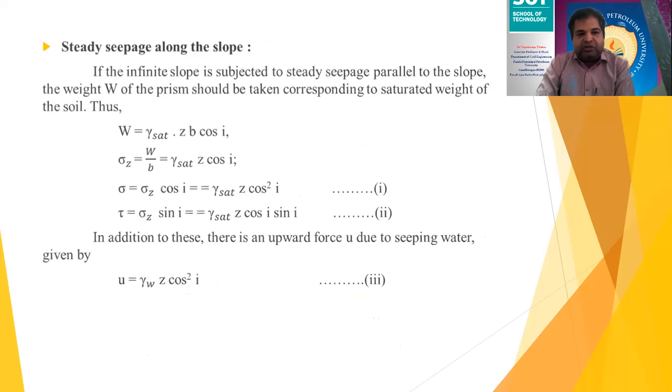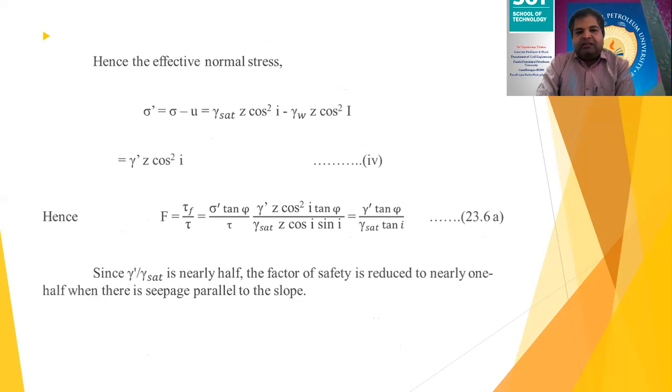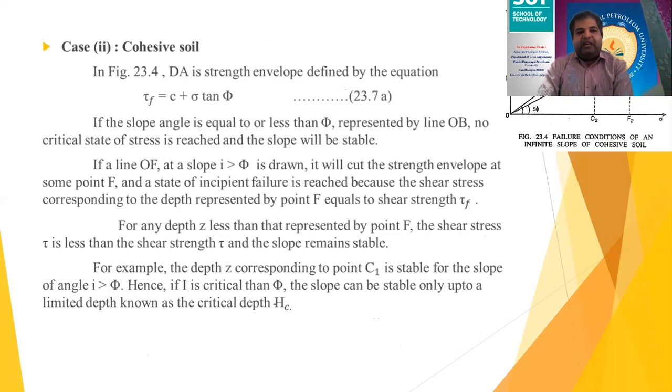Today, we are going to see one more case, the same infinite slope, and how it behaves under cohesive soil. So if you see, the line dA, which is this, is the strength envelope, defined by our shear strength equation, tau f is equal to c plus sigma tan phi.